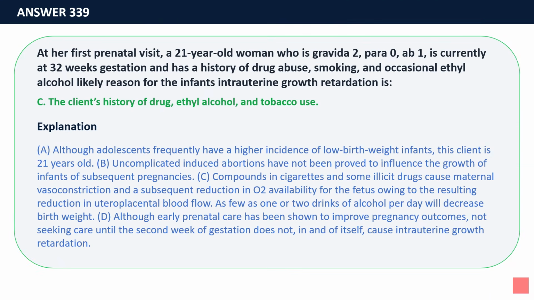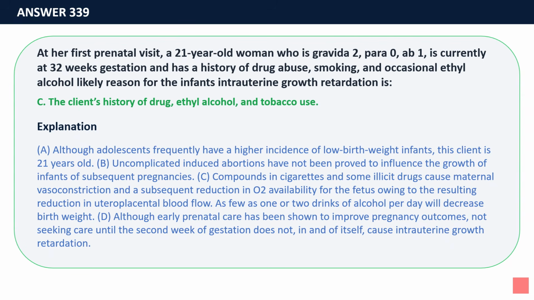Answer: C. The client's history of drug, ethyl alcohol, and tobacco use. Explanation: A. Although adolescents frequently have a higher incidence of low birth weight infants, this client is 21 years old. B. Uncomplicated induced abortions have not been proved to influence the growth of infants of subsequent pregnancies.